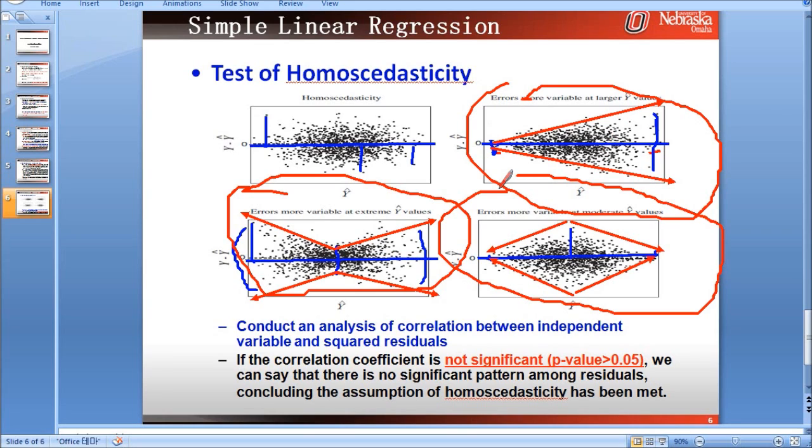Okay, all these three patterns here indicate the set of data we are using for regression analysis is not adequate to be used for a regression analysis, due to a possibility of overestimating the statistical significance of the regression model.